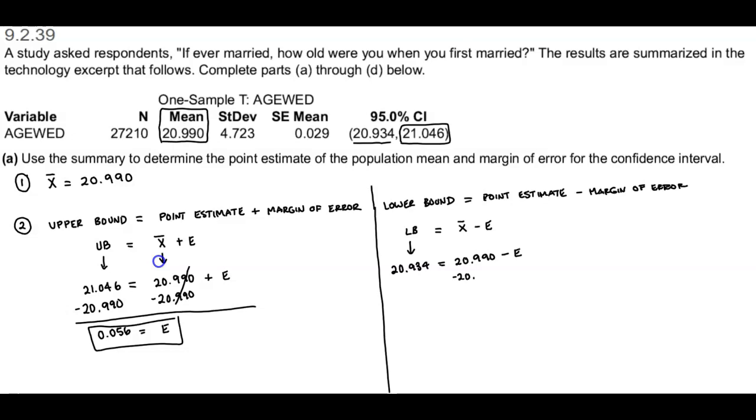When we subtract 20.990, we get negative E, and we get negative 0.056. Dividing both sides by negative 1, we get 0.056, which is the margin of error. So either way gets you the margin of error of 0.056.